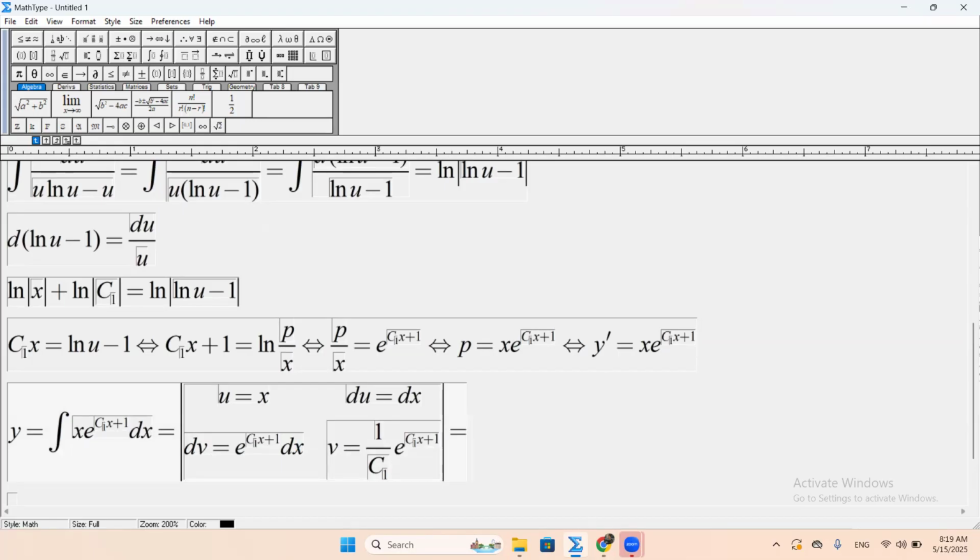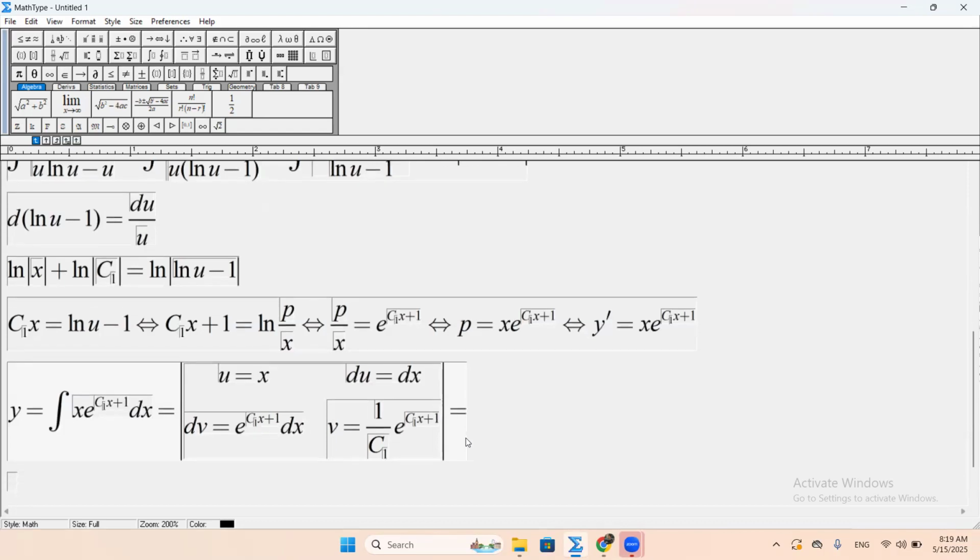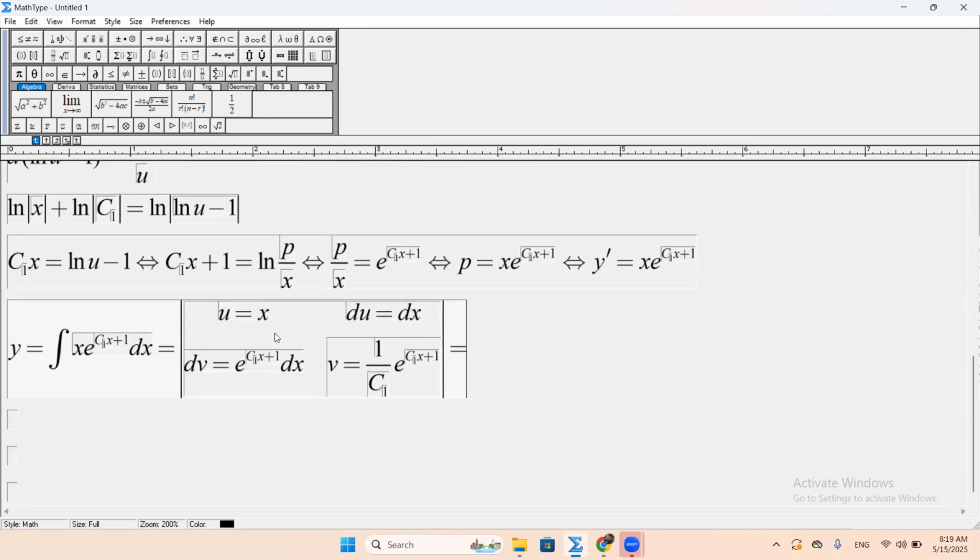So now let's start integrating. And here minus the integral of this expression dx. Let me move 1 over c1 out of the integral sign.